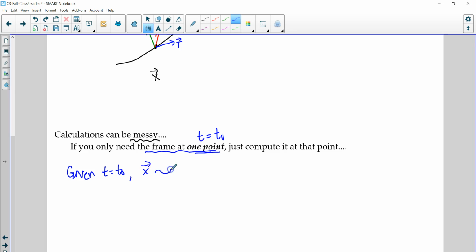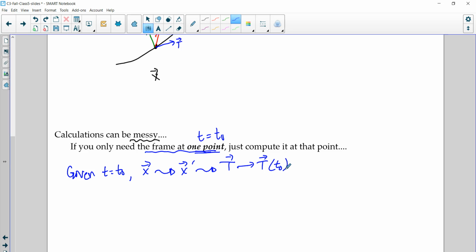From path x you can get the derivative of that path, and from that you can get the unit tangent vector. Then you can compute the unit tangent vector at that point, which is what you need.